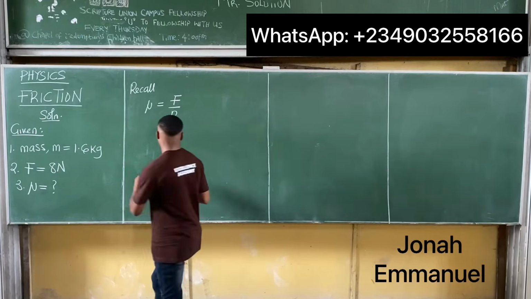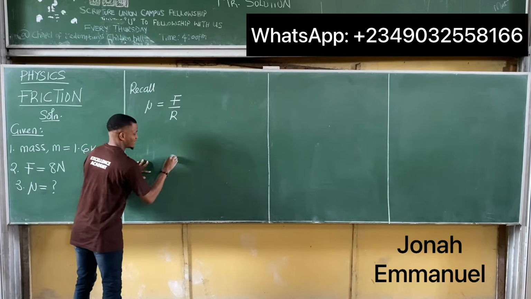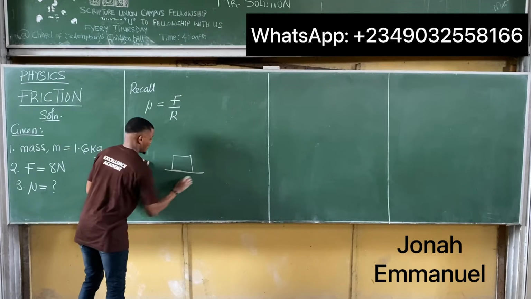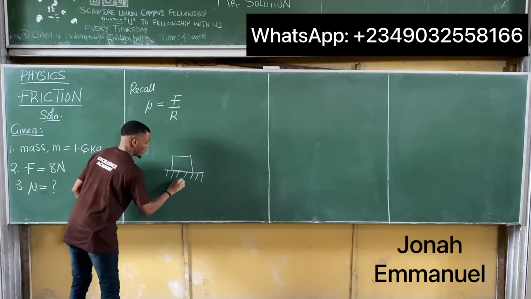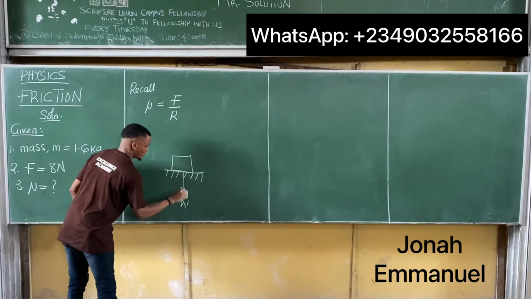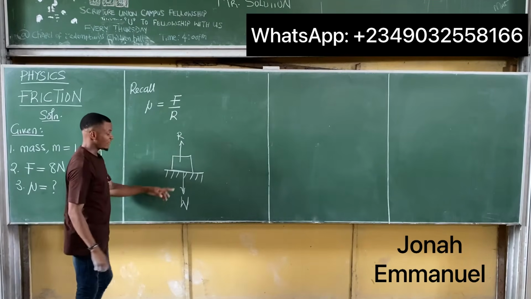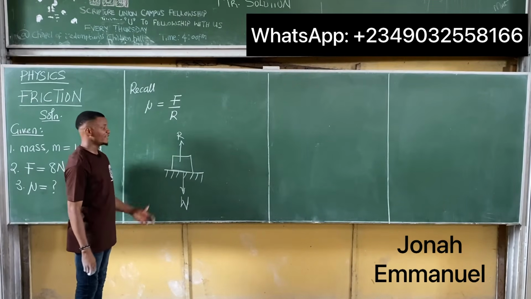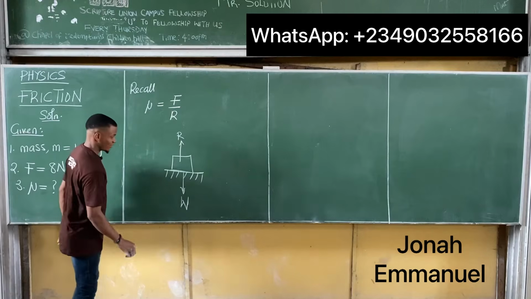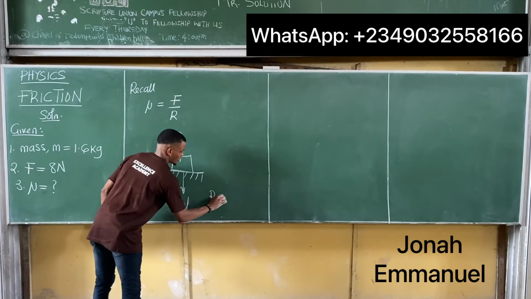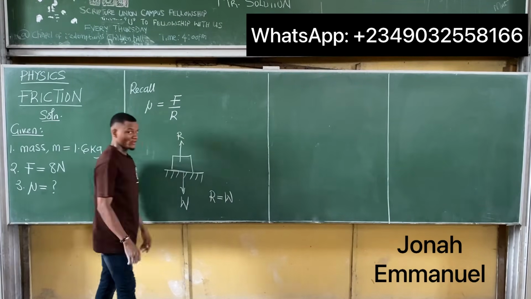From my diagram I drew earlier, for this particular scenario, I have weight acting downwards and normal reaction acting upwards. And we said that the normal reaction is equal to the weight of the body.